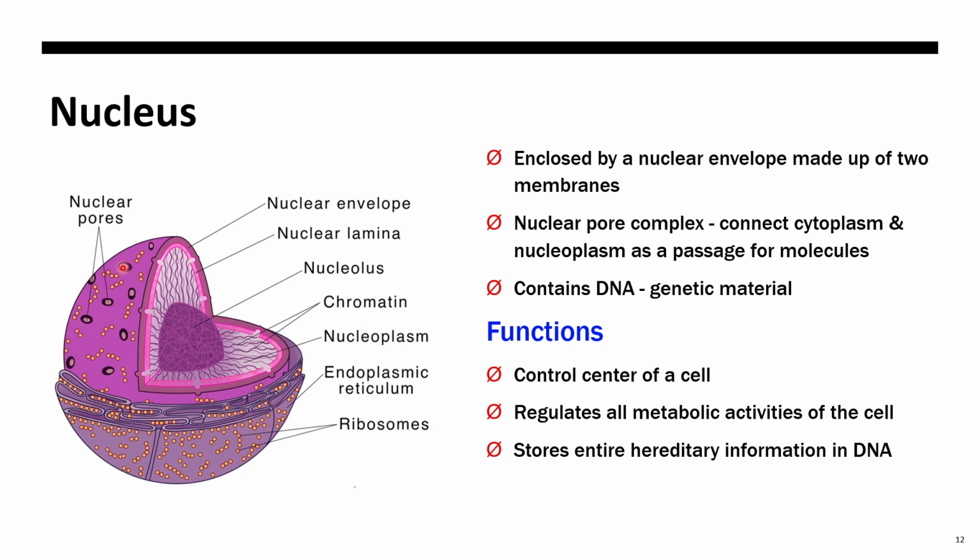And it has pores that connect the nucleoplasm with the outside world. The nucleus contains the most important component in our body, the DNA or our genetic material. So it regulates all the metabolic activities of the cell and it stores the entire hereditary information in our DNA.